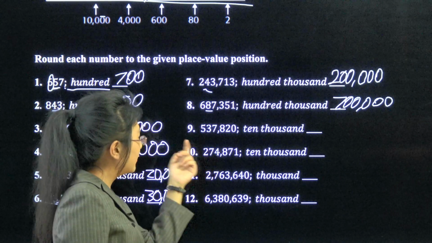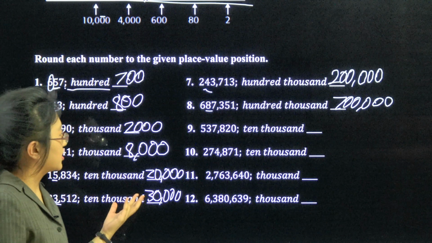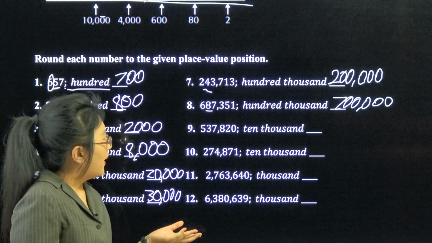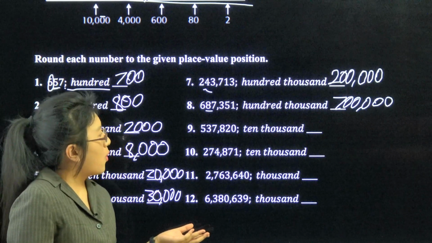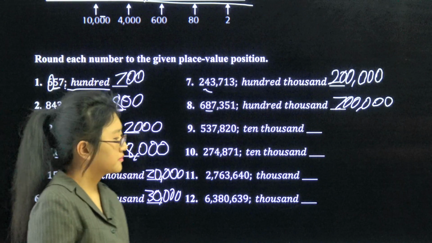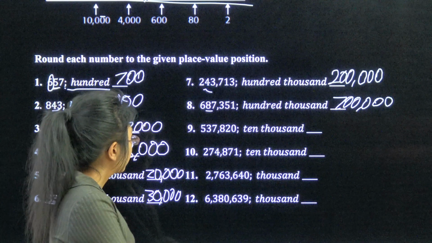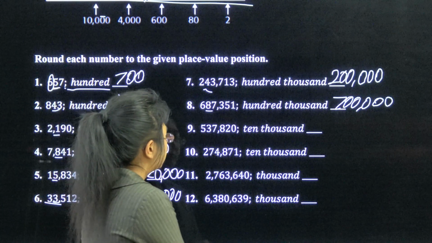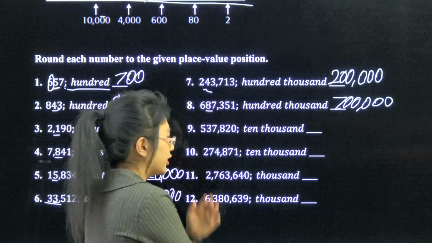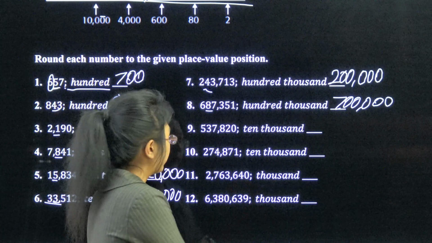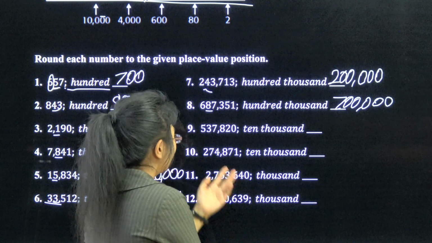Now, question number 9. The 100,000 digit exists, but, well, we're rounding to the 10,000s. Now, how are we going to do that? Well, simple. We just ignore the 100,000.